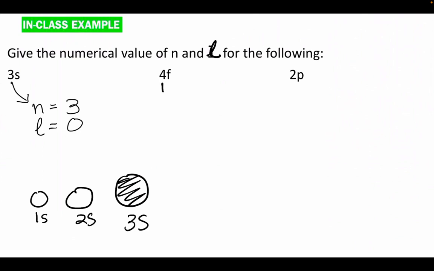Next one, again, the 4 means we're in the fourth energy level. And F, remember the L value for F is 3. And then we have the 2p. So this one, we're in the second energy level, and L equals 1.